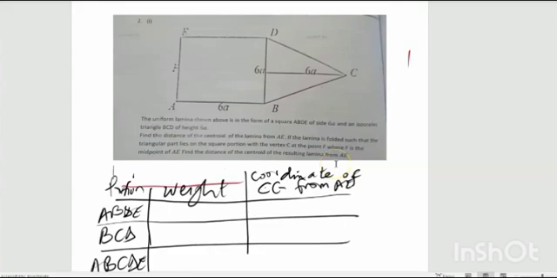Now, looking at our diagram here, for the weight, we're using the fact that if lambda is the weight per unit area, it means weight is lambda times the area.